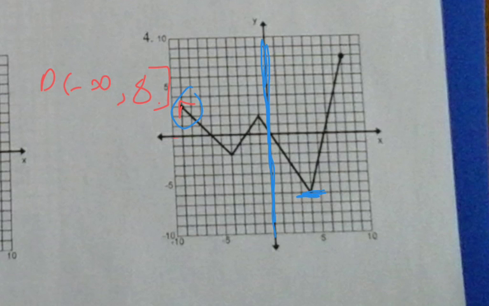So if we go by that, we write range is [-6, infinity). Bracket because it's included down here, it is defined, and infinity because it keeps going up right here.